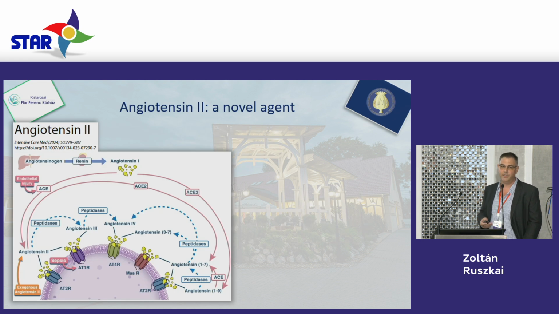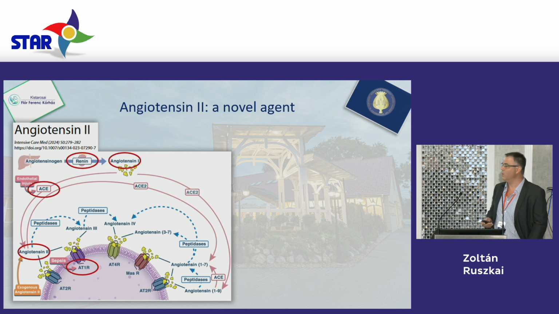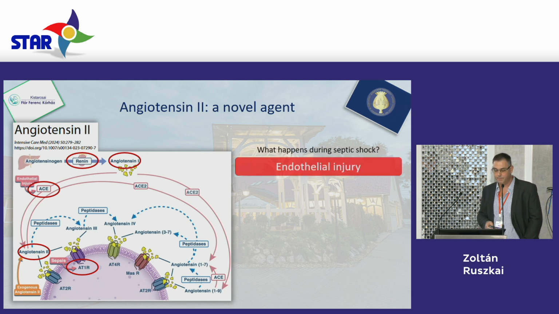A novel agent, angiotensin II, is based on the pathophysiology that renin cleaves angiotensinogen to angiotensin I, then it is converted to angiotensin II, and it acts on its type 1 receptor and results in vasoconstriction. But what happens during septic shock?